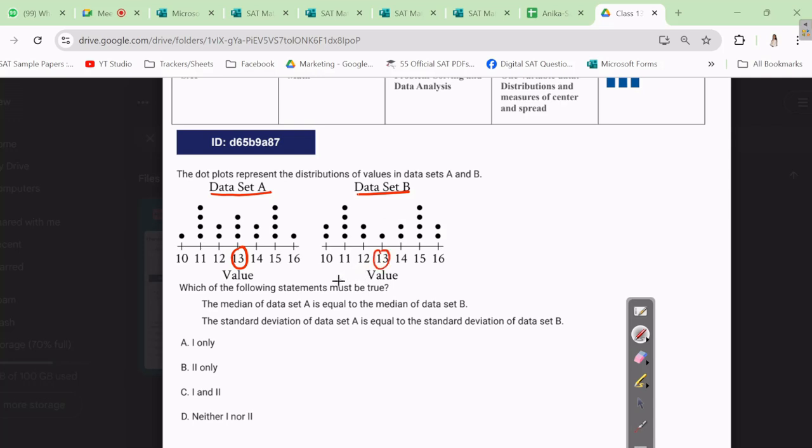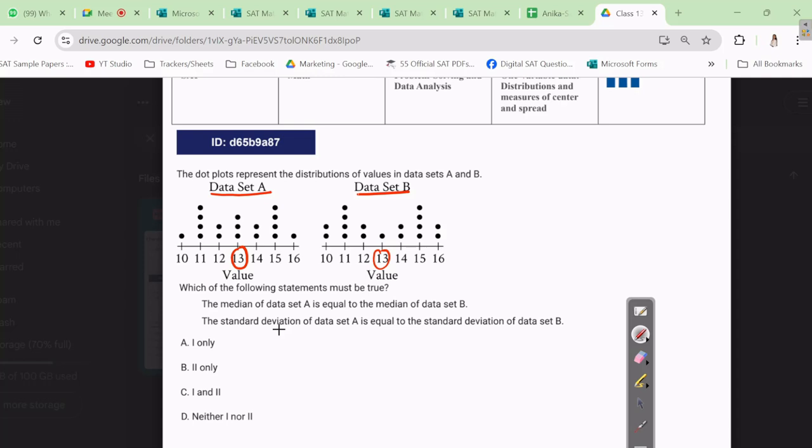So which of them will have less standard deviation? Which of them will have more? Can you tell? A will have greater standard deviation. No, Anika. When the points are close, it's the reverse.